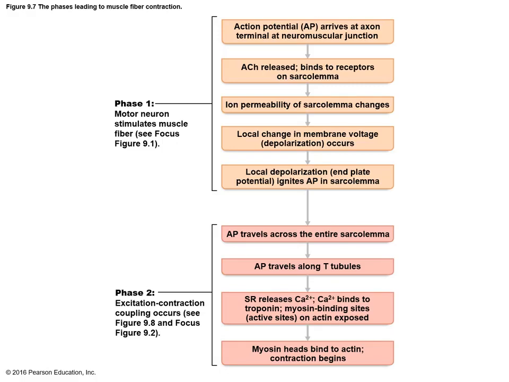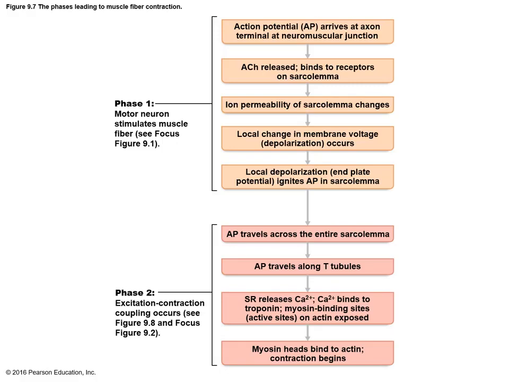Initially you've got this local depolarization, and that's what we call an end-plate potential. It's just in a small area. It's not the whole cell. That's going to trigger other steps to happen, allowing more positive charge to enter the cell, and then you generate the action potential.